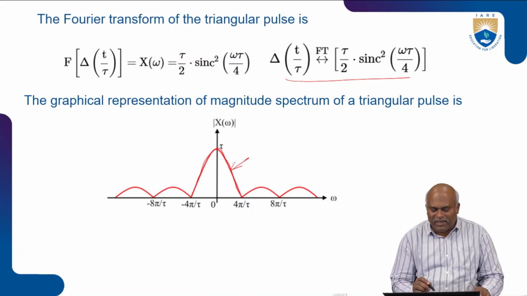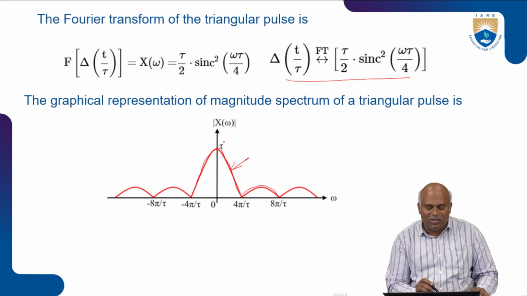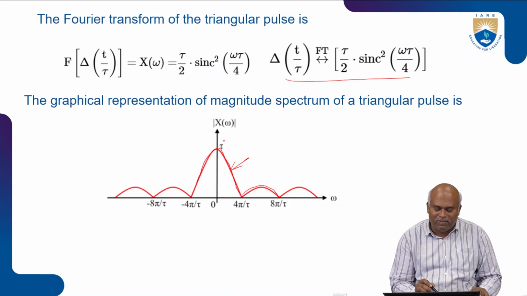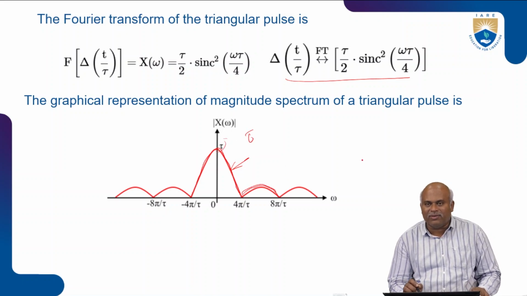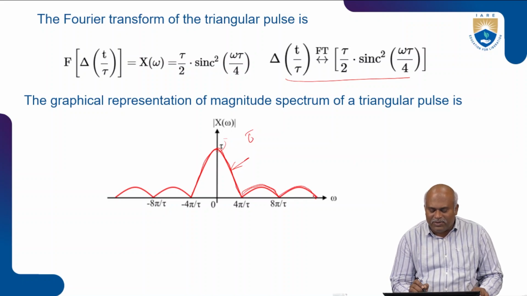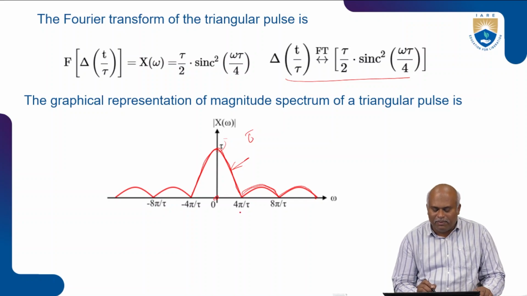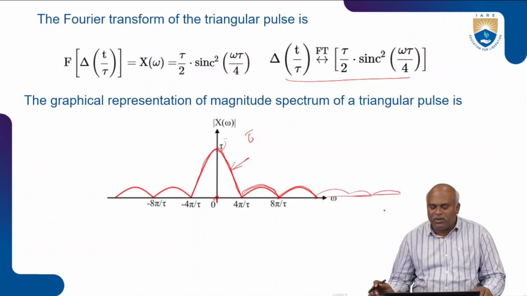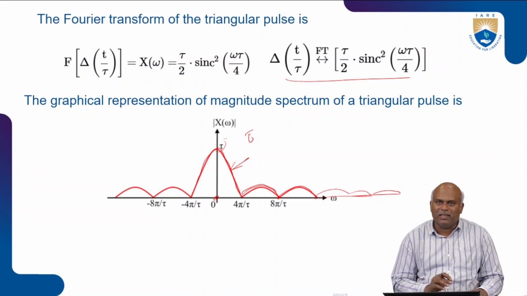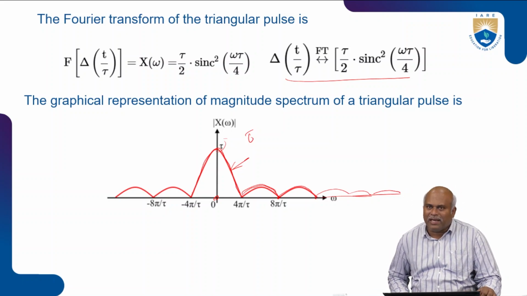Then the remaining portions are small, and that value is going to reduce by tau. This main lobe magnitude value is equal to tau, as we mentioned here. The next portions are at 4 pi by tau, then 8 pi by tau, 16 pi by tau. It keeps decreasing, but it will not touch 0. This happens on both the left side and right side, and they are similar. This is the graphical representation of the magnitude spectrum of the triangular pulse.